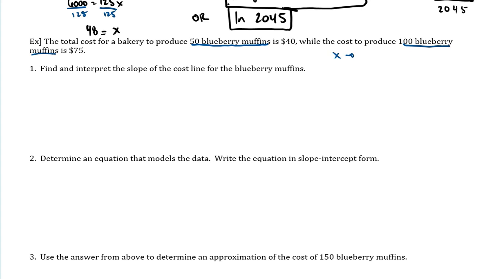Again, most typically, so there's certain things that we can catch on to. Most typically, a dollar amount is going to be involving Y. So the dollar symbol. Okay, so usually Y is some type of dollar amount.